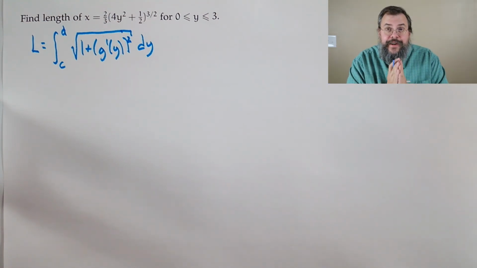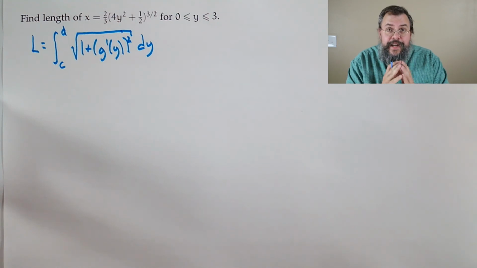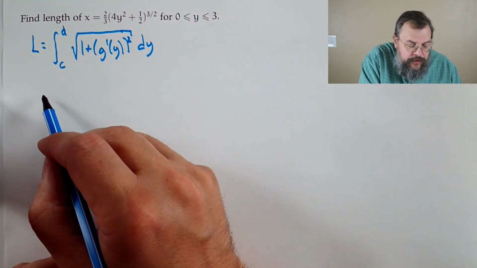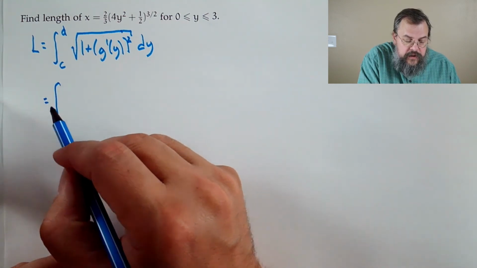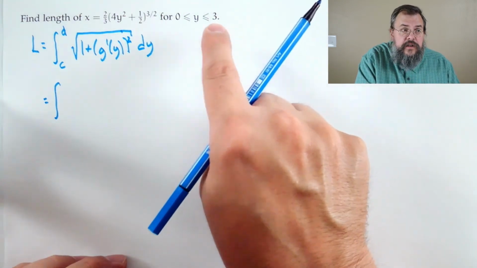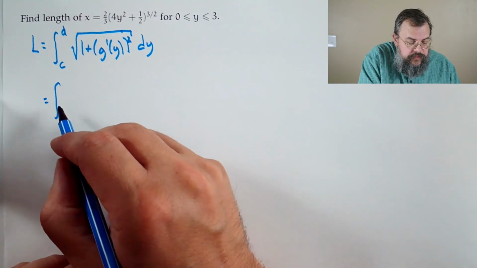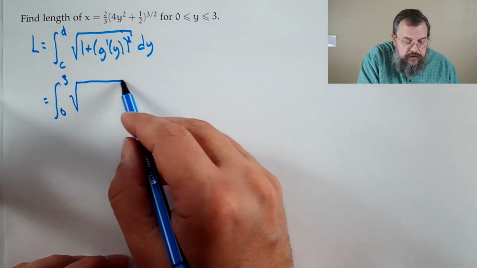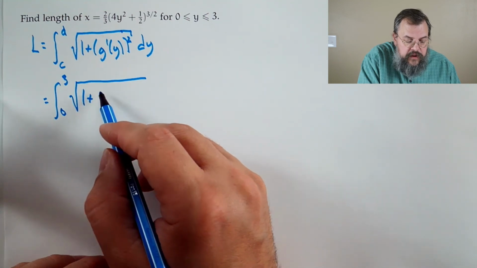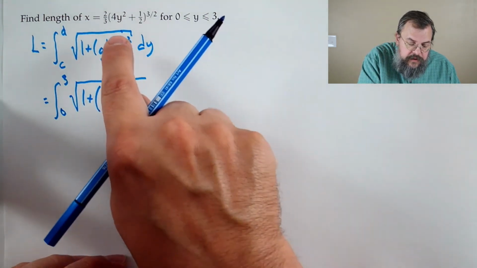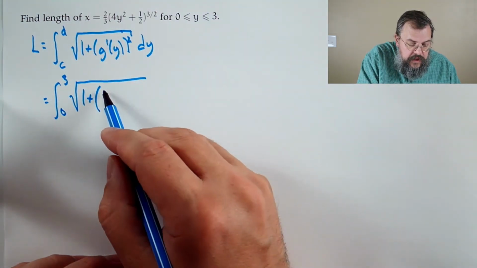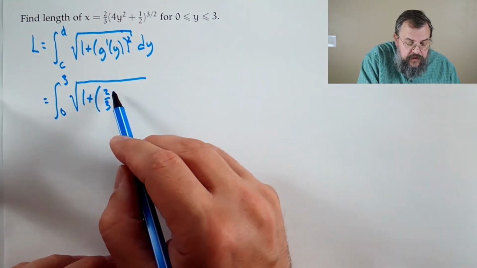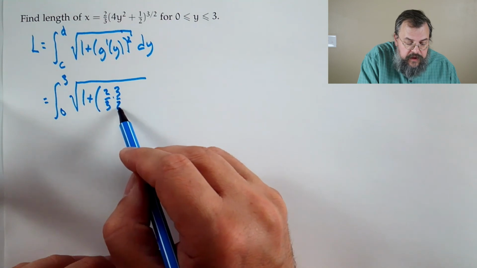All right, so let's keep going. Into the algebra we go. So this will become the integral, start to finish, 0 up to 3, of the square root of 1 plus. Now, careful with our derivative, 2/3. Then the 3/2 comes down, so times 3/2. Ooh, that looks promising.